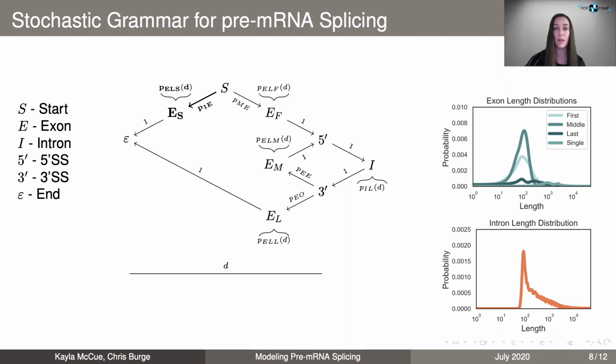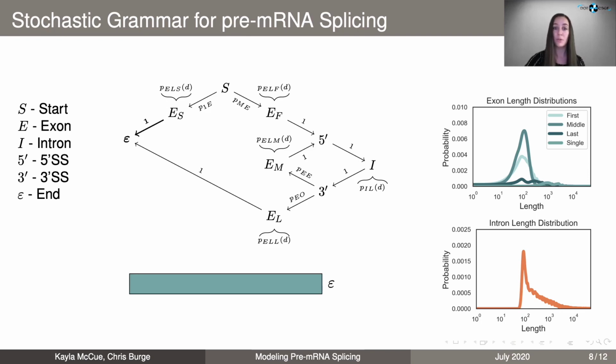Looking above this state, we sample from the associated length distribution to get a value D for the length of the exon. Then we emit D exonic bases to complete the generation of this exon. Following that, we take the only outward arrow with the probability of 1 to this epsilon state, which represents the end of our generation process and is essentially a way to get around some of the technicalities of what makes a grammar context-free. Once we've reached this state, we're done.